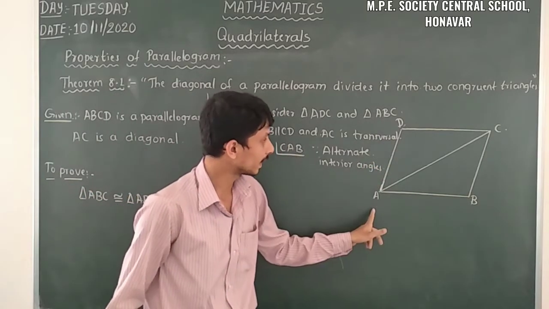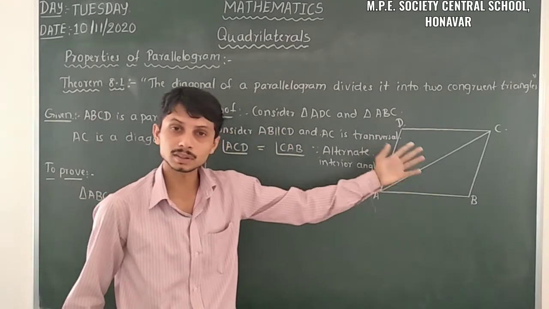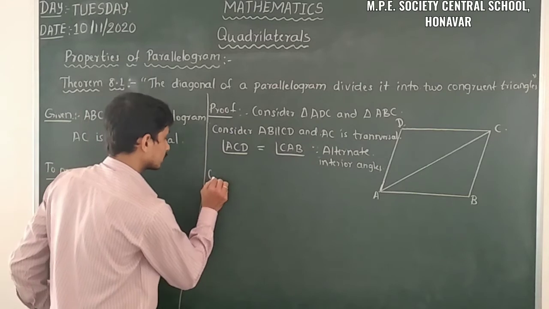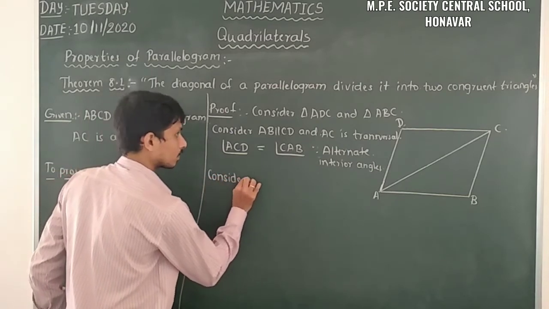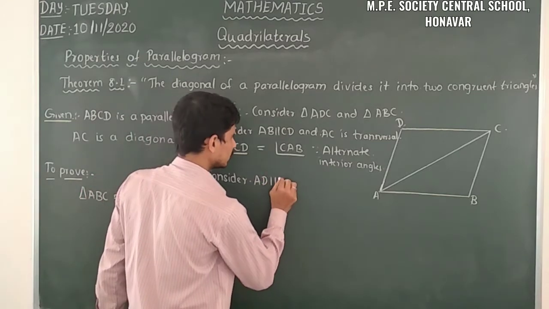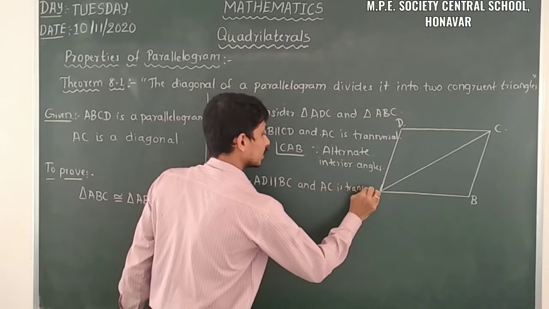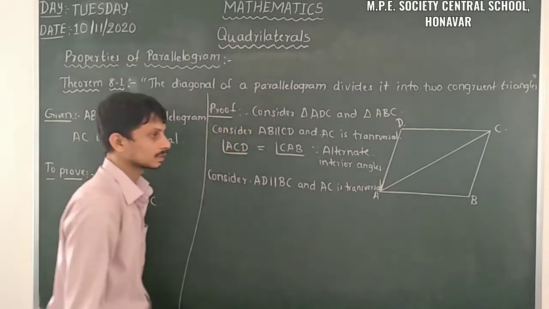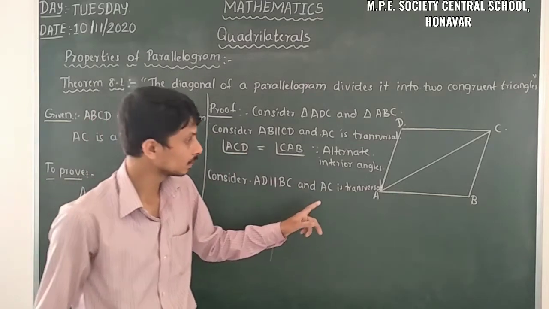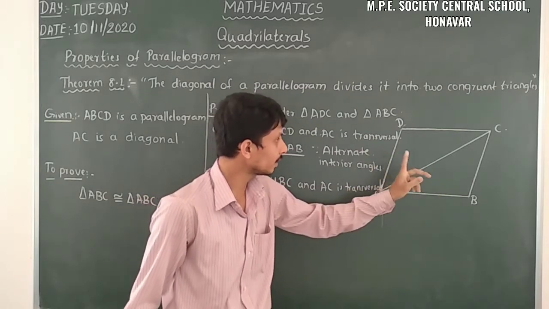And let us take AD parallel to BC. When we take AD parallel to BC and AC as a transversal, another pair of alternate interior angles is possible, and those two are equal. What are those?